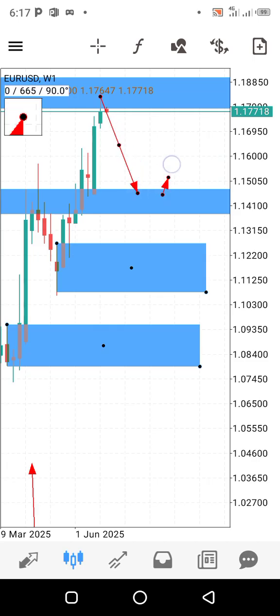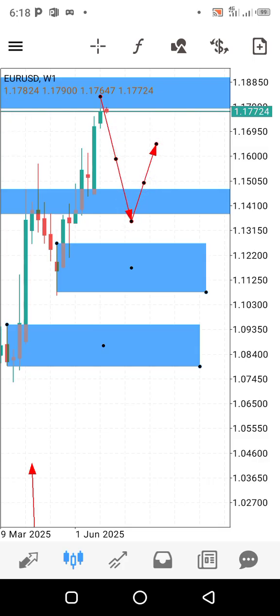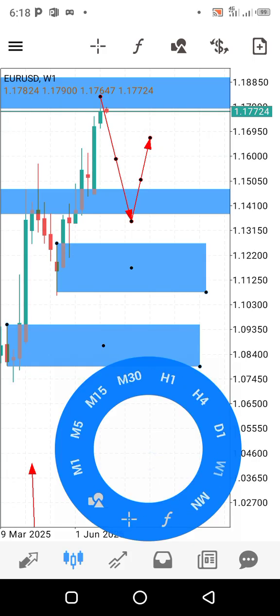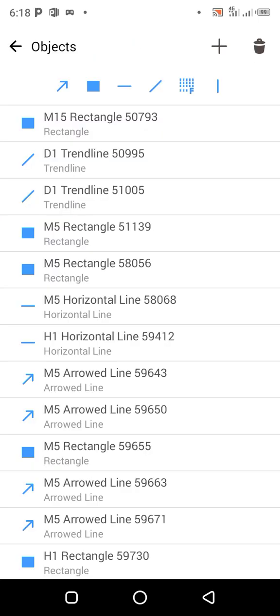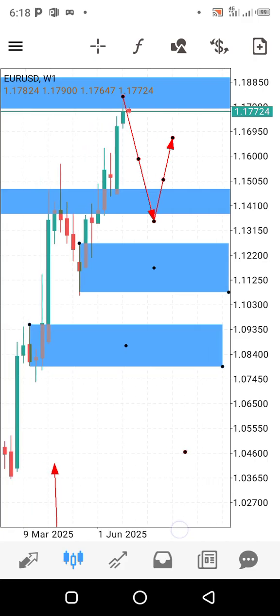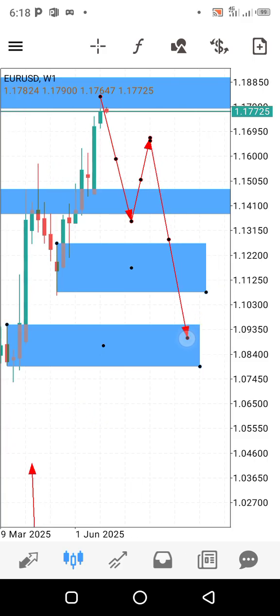Let me first do this. Market may push towards this demand area, maybe close beneath it, then it will push up, and then we may have some momentum for price to continue even lower. Price may have the momentum to continue lower towards most of these demand areas.